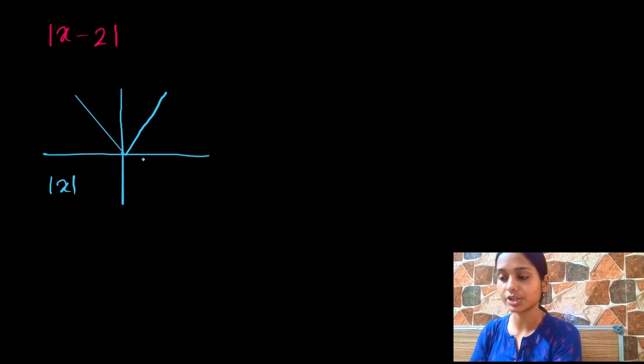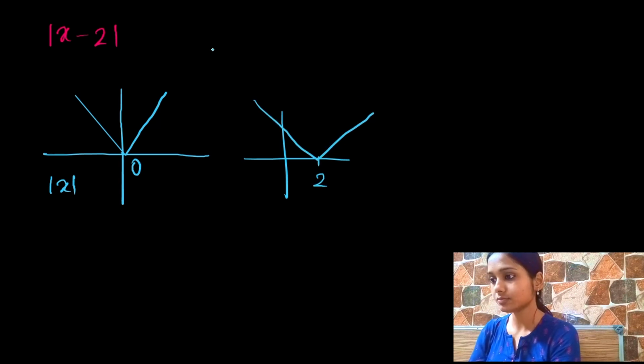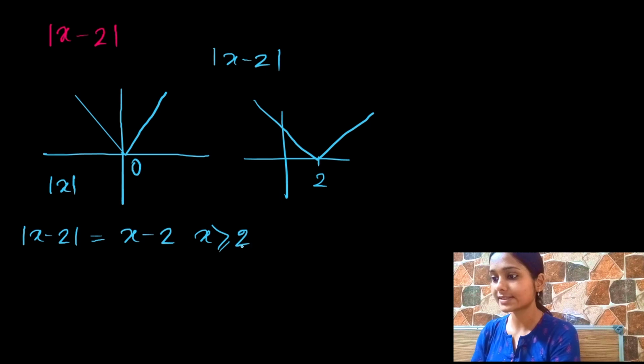For |x - 2|, the same thing will happen, but instead of at x = 0 it will happen at x = 2. So this is the |x - 2| function. We know that this function is x - 2 for x greater than or equal to 2, and it equals 2 - x for x less than 2.